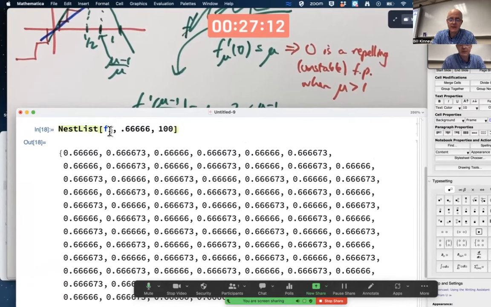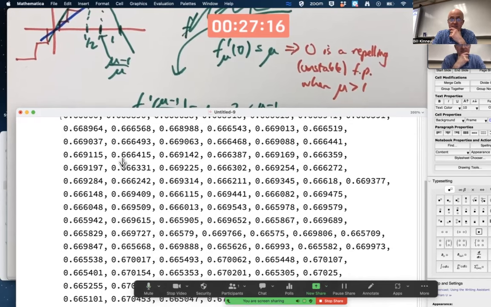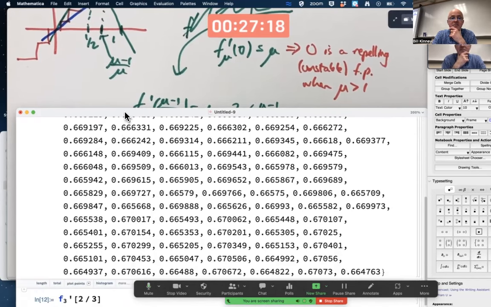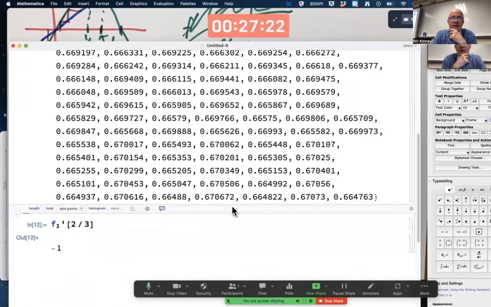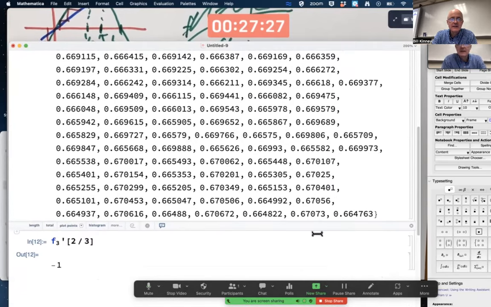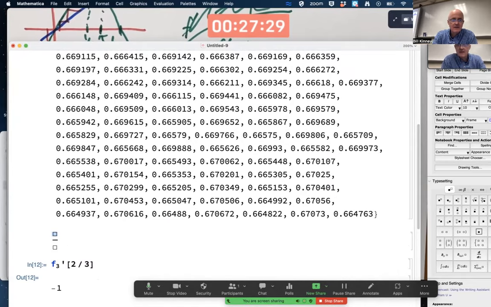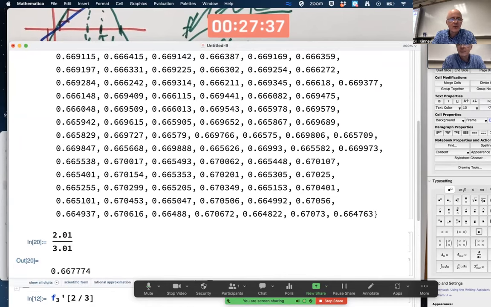Once mu gets bigger than 3, even 3.01, it's definitely repelling. And you can see, I went up to mu equals 3.01. The fixed point now is going to be 2.01 over 3.01, mu minus 1 over mu, 0.667774.